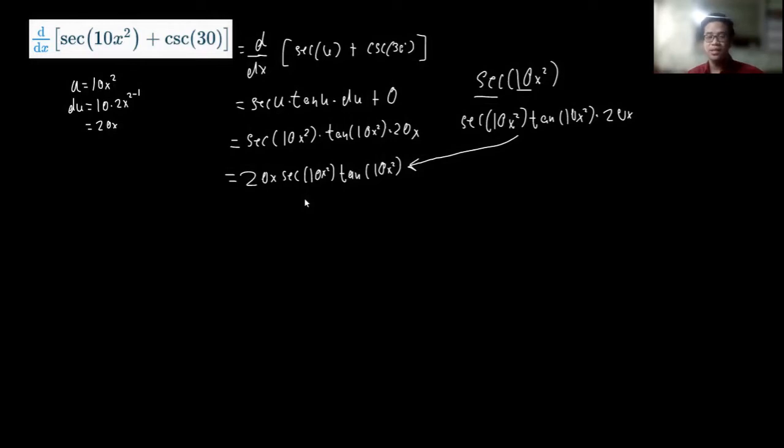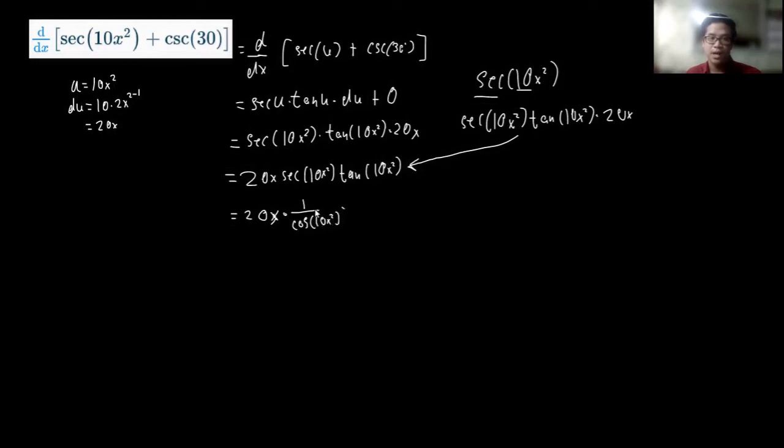Because this expression, I can simplify it further. So recall that secant x is equal to 1 over cosine x. So therefore this is 20x times 1 over cosine, but instead of x, what you're going to have is 10x squared.